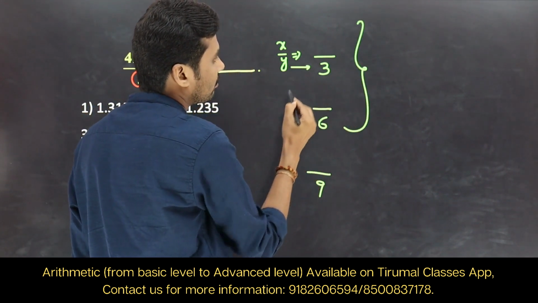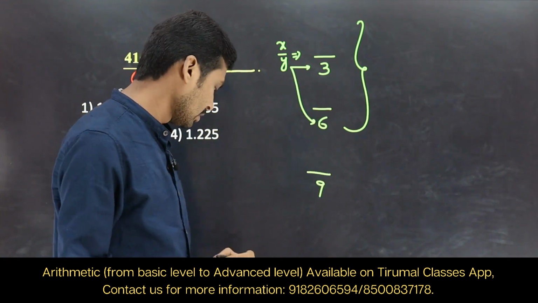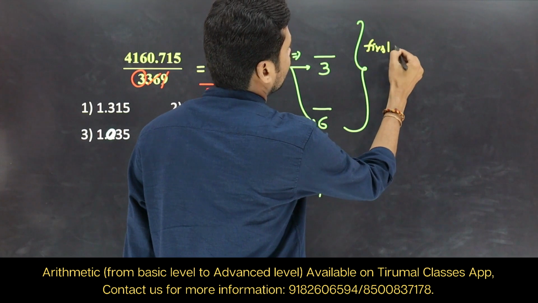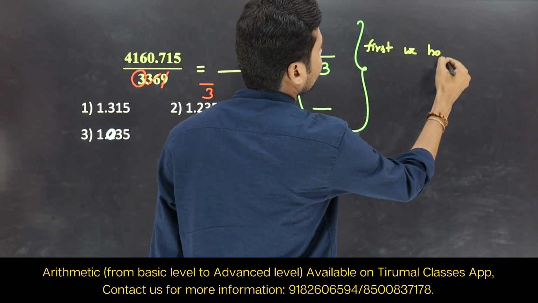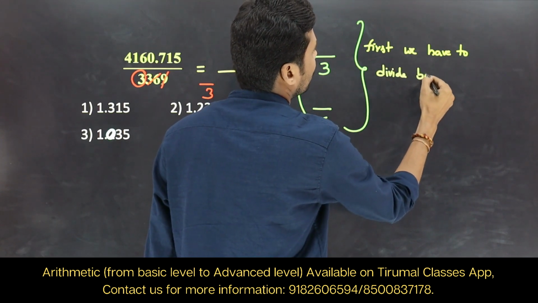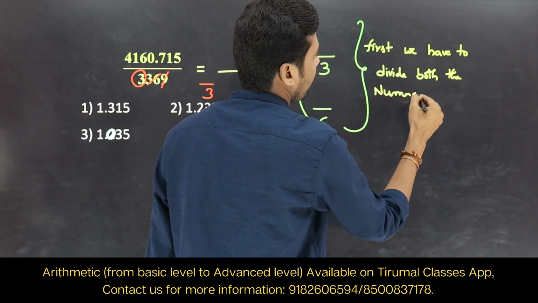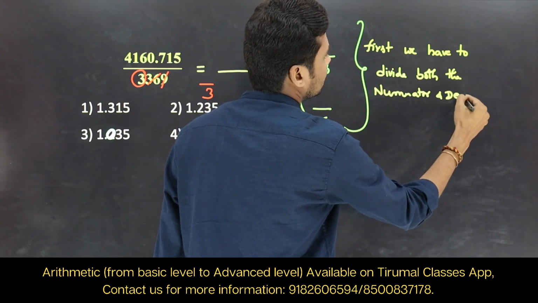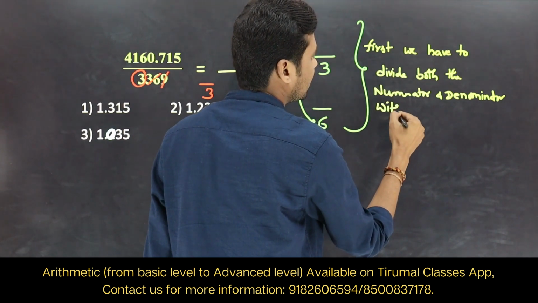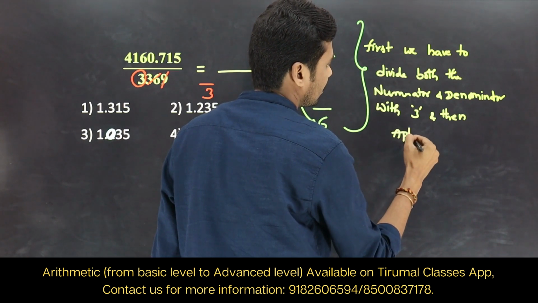When the denominator value or DS value of the denominator is either 3 or 6, then we must do this: first we have to divide both the numerator and denominator by 3 and then apply DS.